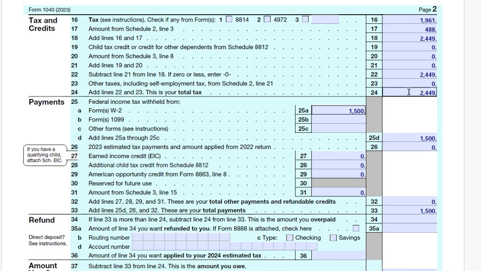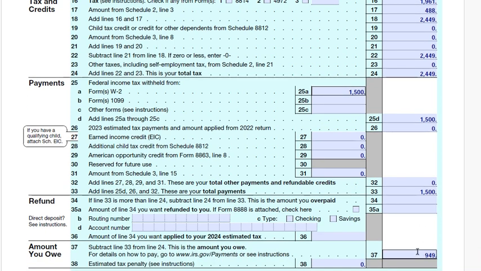And so for this single filer, the total tax is 2,449, but he only had $1,500 income tax withheld, and therefore this single filer will owe the IRS $949. 2,449 minus 1,500, we get $949. So this is the amount owed.